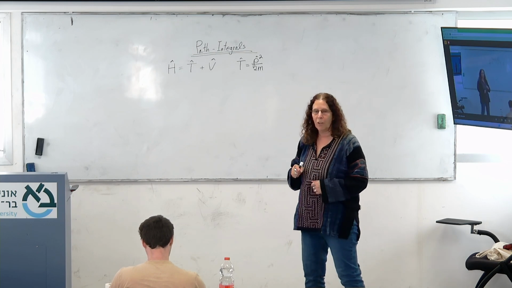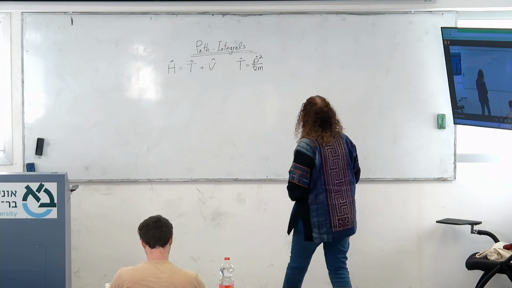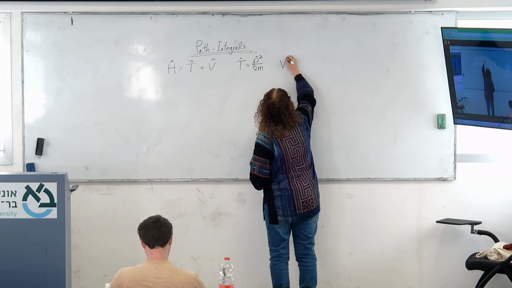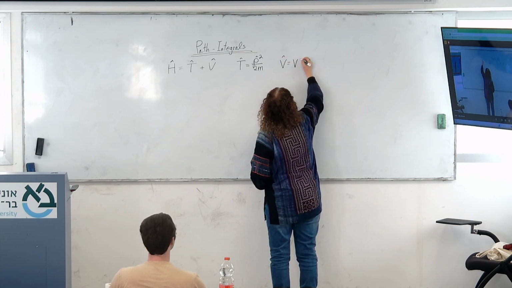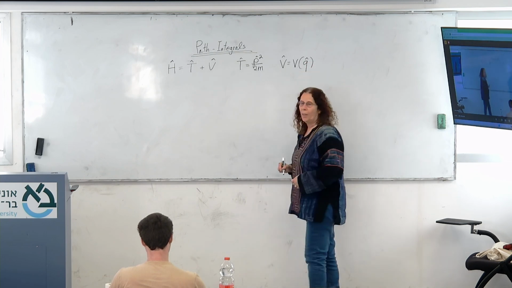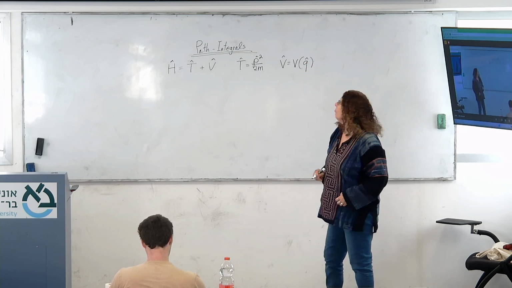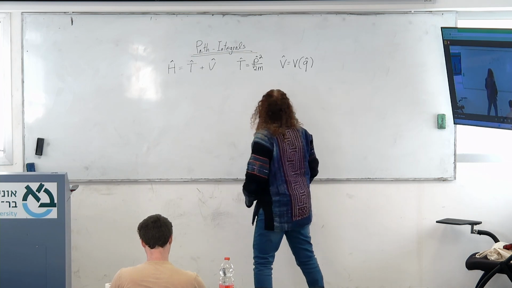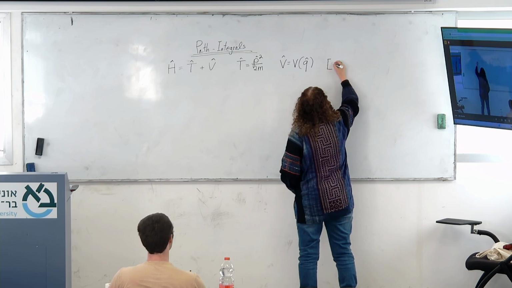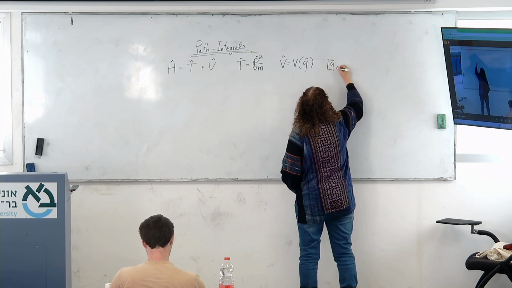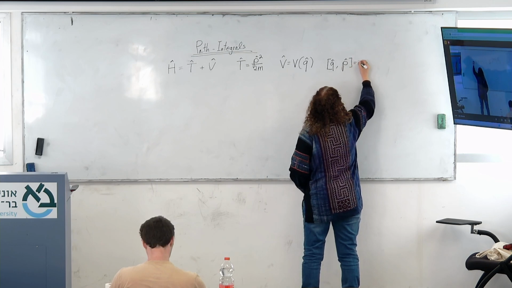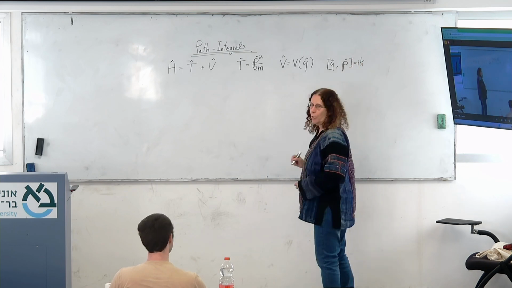There's only one coordinate and its conjugate momentum, and V is some function of the coordinate. Okay? And P and Q obey the usual canonical commutators, [Q, P] = iħ. Okay?